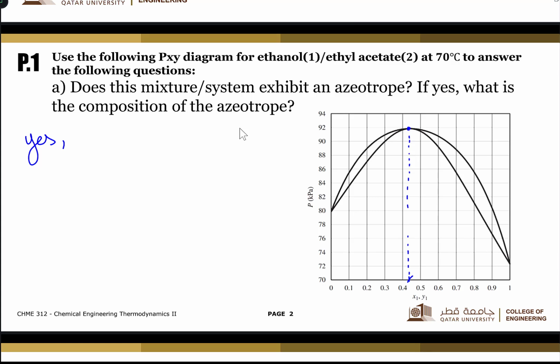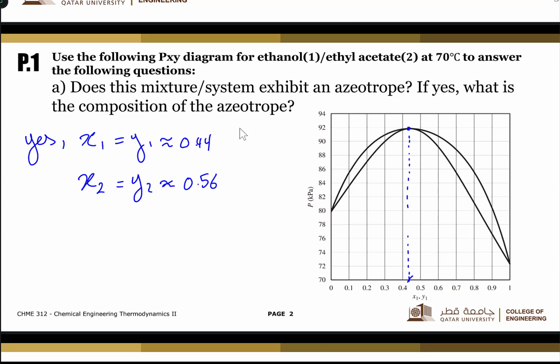I mean, can't really tell. So just approximately x1 equals y1, and they're approximately 0.44. And then x2 and y2 are also equal to each other, and they're approximately 0.56, so 1 minus what we see there.